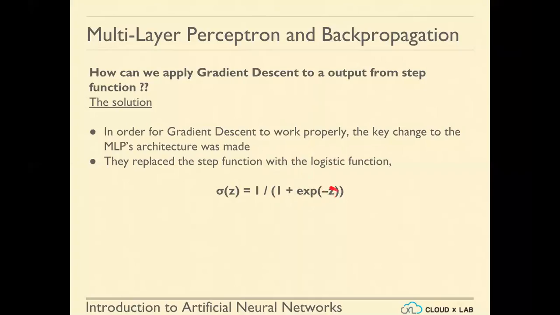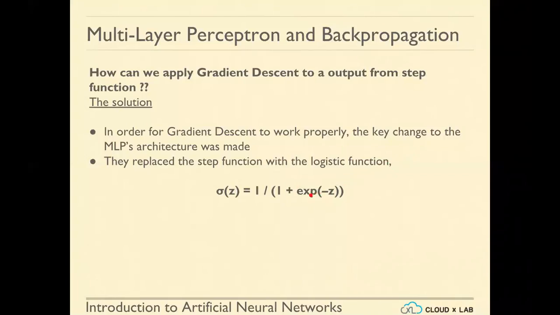So basically this value is going to be really small if z is very high, and this value is going to be really huge if z is huge.